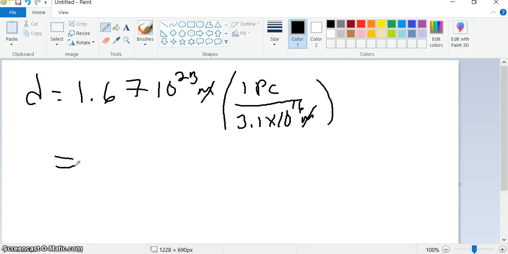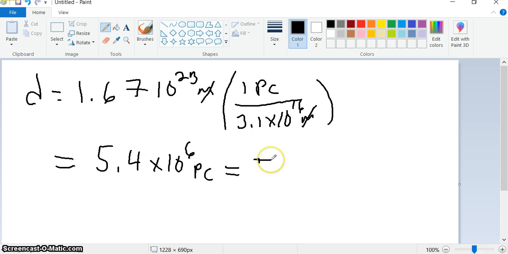This turns out to be 5.4 times 10 to the 6th parsecs. And another way to write this, and a very common way, would be 5, that's supposed to be a 5. That doesn't look like a 5, sorry. Let me erase that real quick. This thing doesn't erase very well.